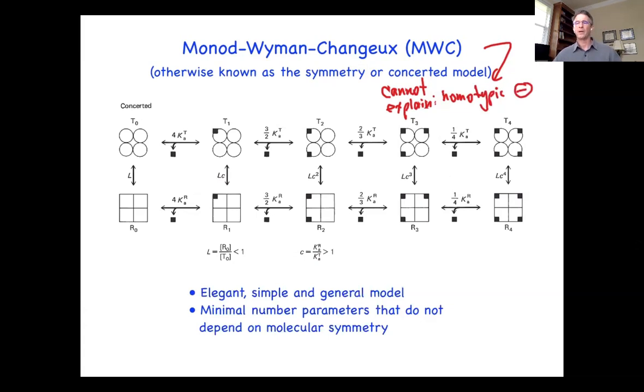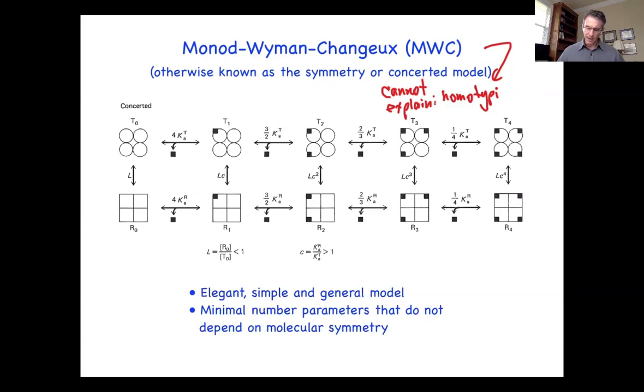In other words, the MWC model is incapable of explaining why it is that the binding of one ligand of one type would then make the binding of a second ligand of the same type more difficult, and the binding then of a third ligand of the same type even more difficult still. That fundamentally is not explainable in the context of the MWC model.